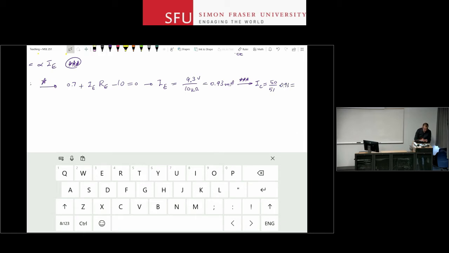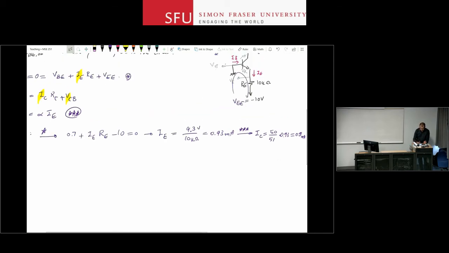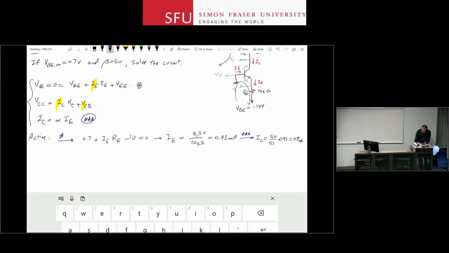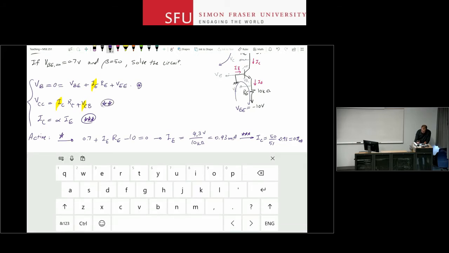And that is going to be essentially the same, but if you want to be super accurate, it's going to be 0.91 milliamps. Okay?